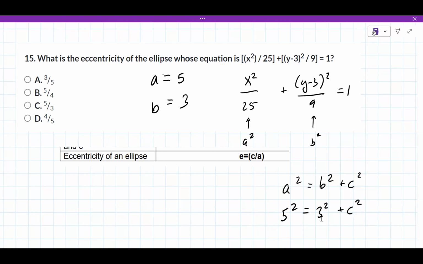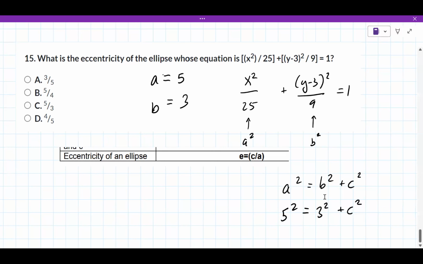So what I'm going to do first is move 3 squared to get c squared by itself. I would square the numbers before you move them, because then you can combine them. I'm going to do that first.